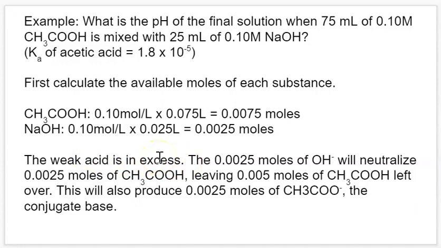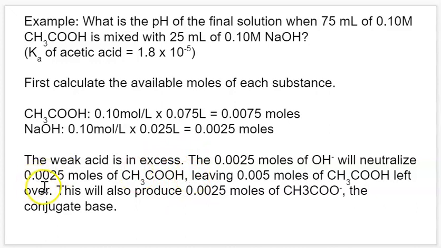And since we're going to need to know the ratio of the weak acid to its conjugate base once the reaction has occurred, we're going to need to apply a little bit of logic here. So we know that we have 0.0025 moles of the hydroxide, and that is going to neutralize 0.0025 moles of the acetic acid by stealing the protons, by stealing the hydrogen ions and making water.